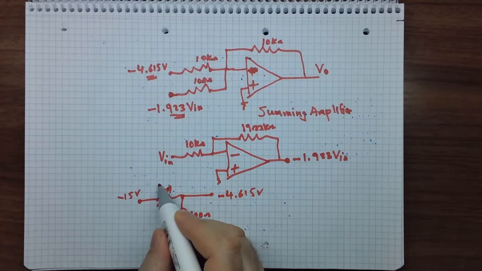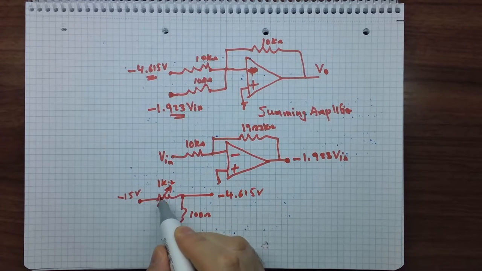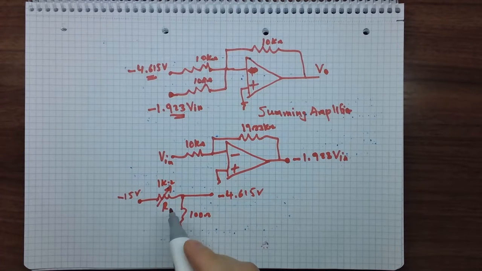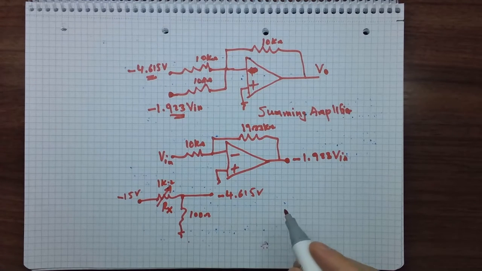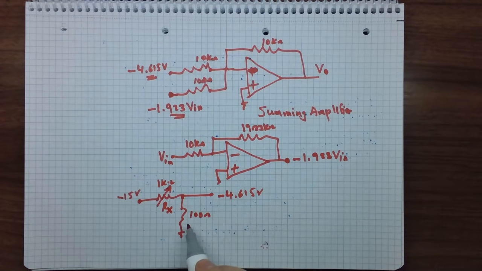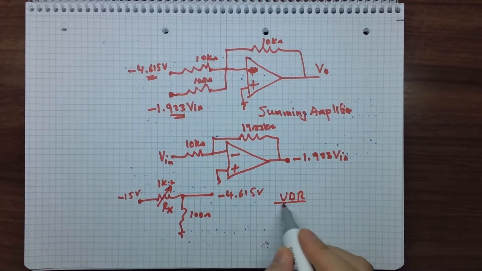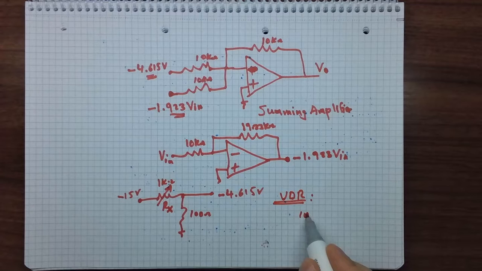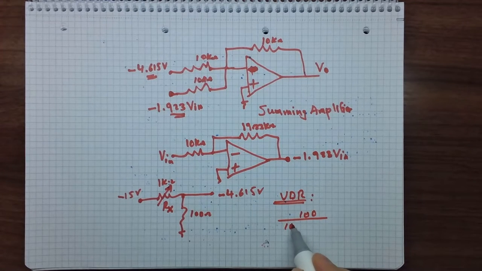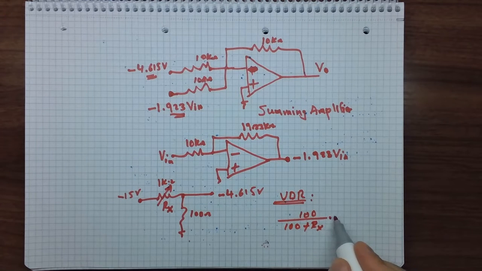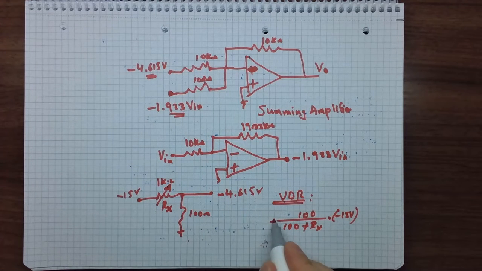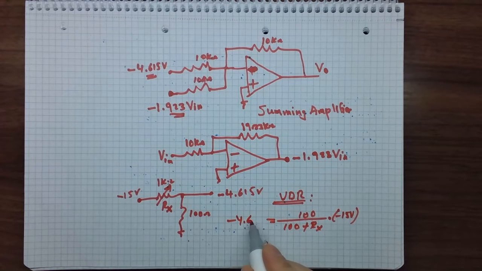So you can choose this to be 1 kilo ohm. We can find the R, say that this is Rx. Using the voltage divider rule, we can say that 100 over 100 plus Rx times minus 15 volt, the supply, we should have minus 4.615 volt.